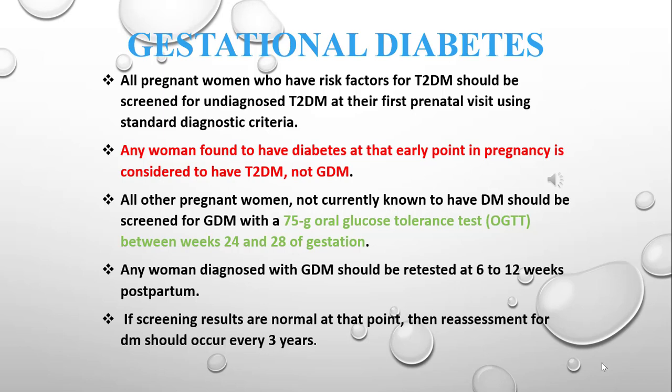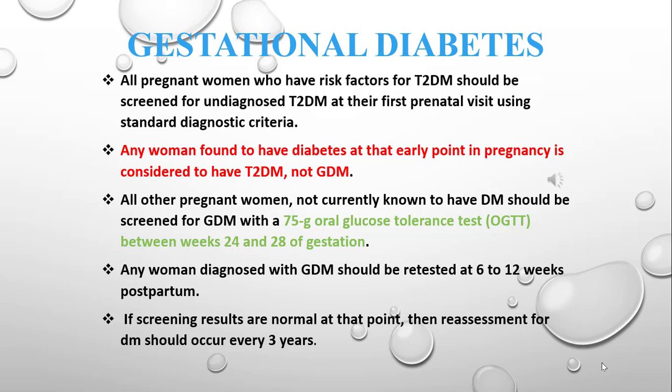All other pregnant women who are not currently known to have diabetes mellitus should be screened for gestational diabetes with the 75 gram oral glucose tolerance test, abbreviated as OGTT, between 24 to 28 weeks of gestation.